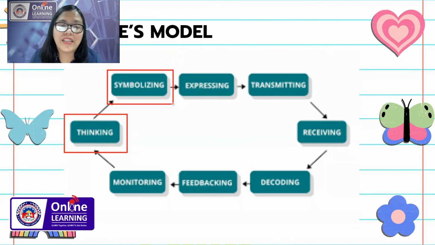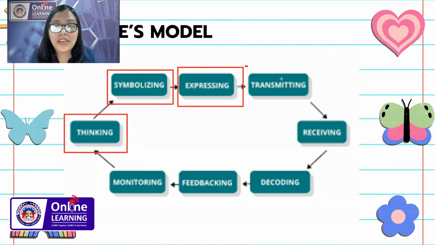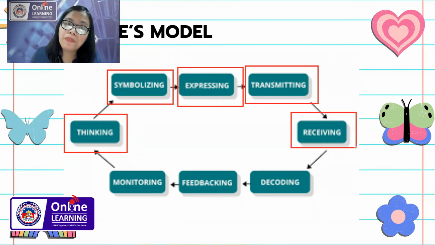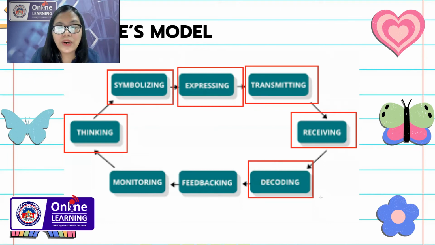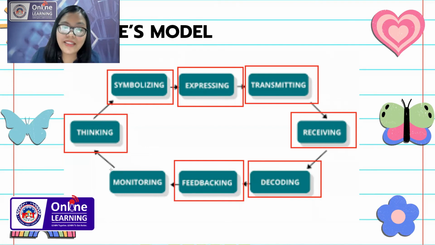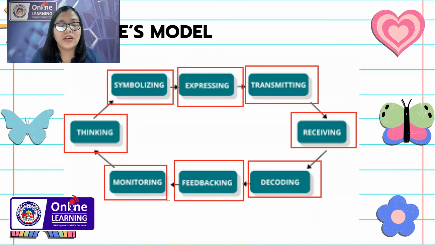How will you express what to do with the module? You will be talking to one person. You transmit the message and the person will be receiving the message. As long as the person receives the message, he will try to decode or understand what you are talking about. And then the receiver will give you the feedback. And you, as the speaker, should be monitoring your listener.